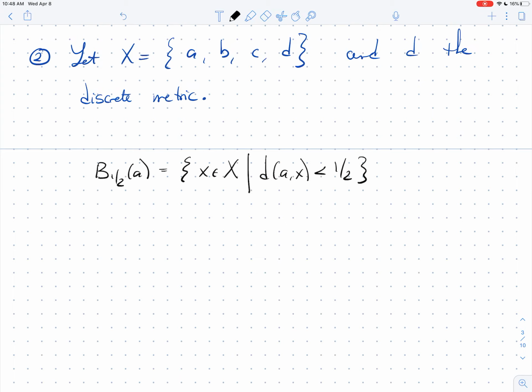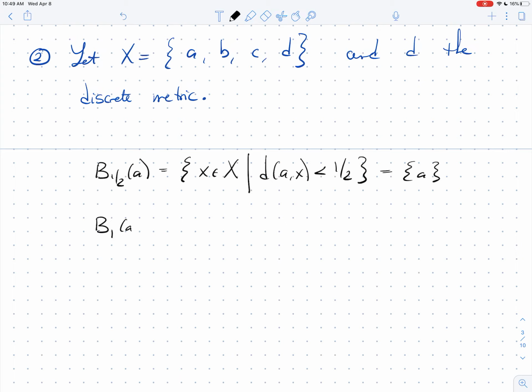There's only one point in my space whose distance from A is less than 1/2, and that's A itself. Its distance between A and A is 0, so this is just the set A. Any other point is going to have distance 1, which is not less than 1/2. So here, the open ball of radius 1/2 is actually A.